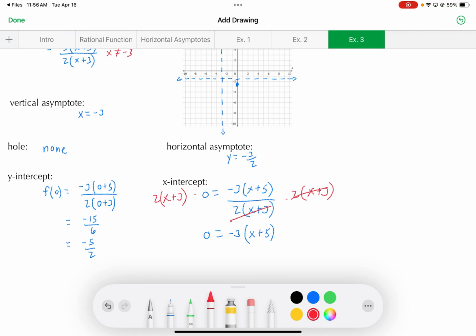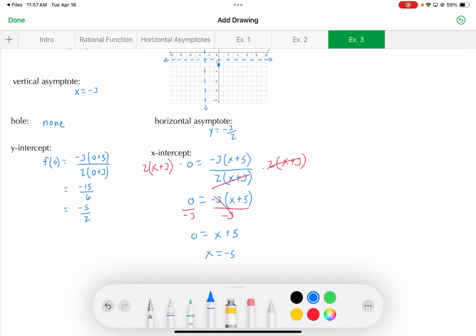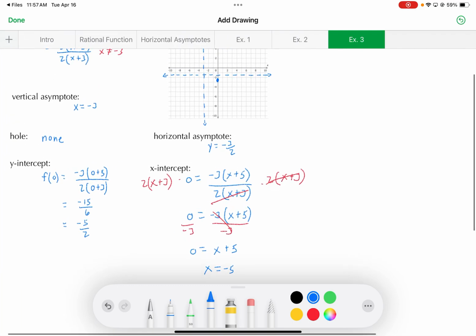Now here I could solve a couple ways. I could distribute the -3, or why not just divide it out right away? Zero equals x plus 5. X is -5 then. Plot a point on the x-axis at -5.